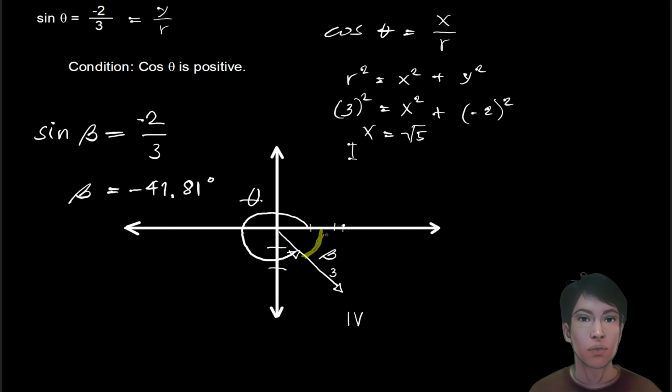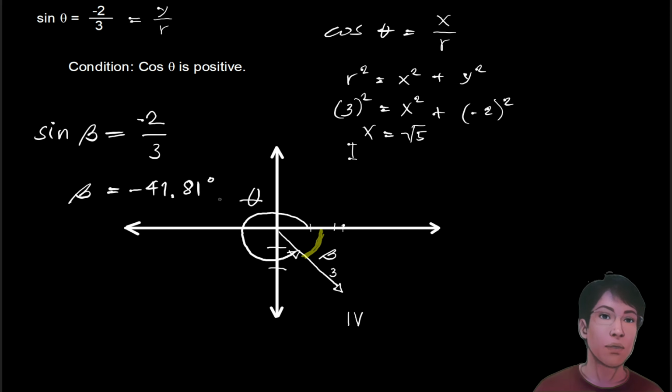To get angle theta, we simply subtract from 360. Just to be clear, the negative sign indicates that it falls in quadrant 4.